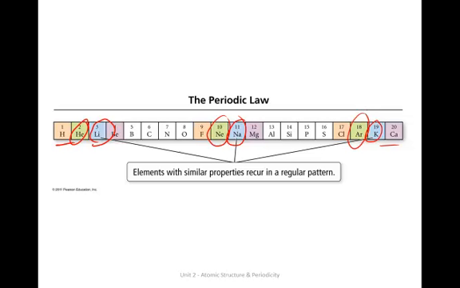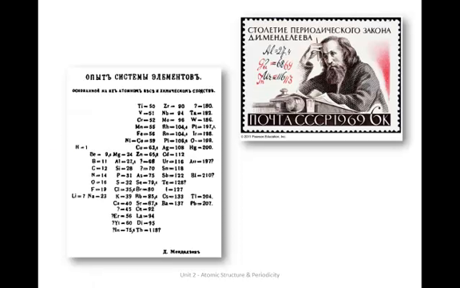Okay, and so one of the first chemists or scientists to realize this was the famous Russian chemist Dmitri Mendeleev, illustrated here in a stamp commemorating him. He constructed one of the earliest periodic tables of the elements, or the earliest periodic table of the elements, as a study tool for his students in one of his textbooks.